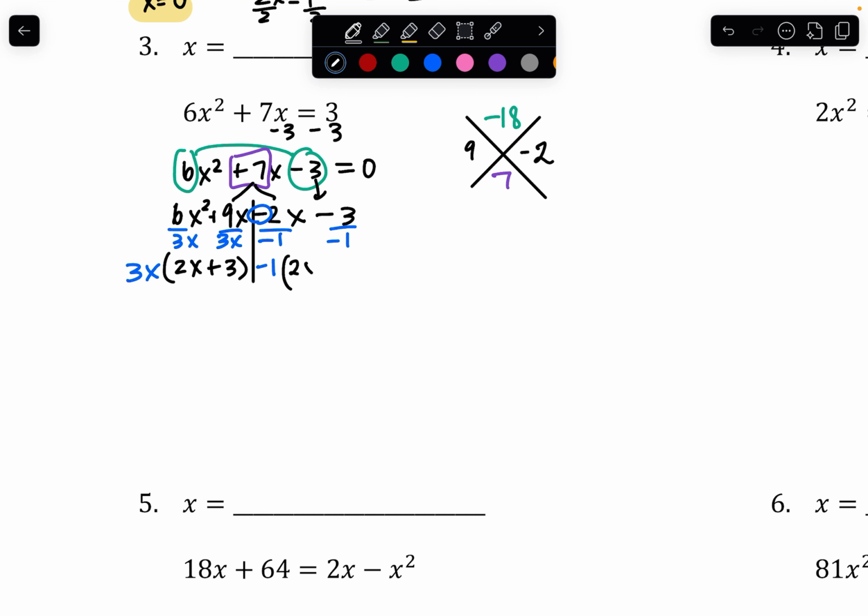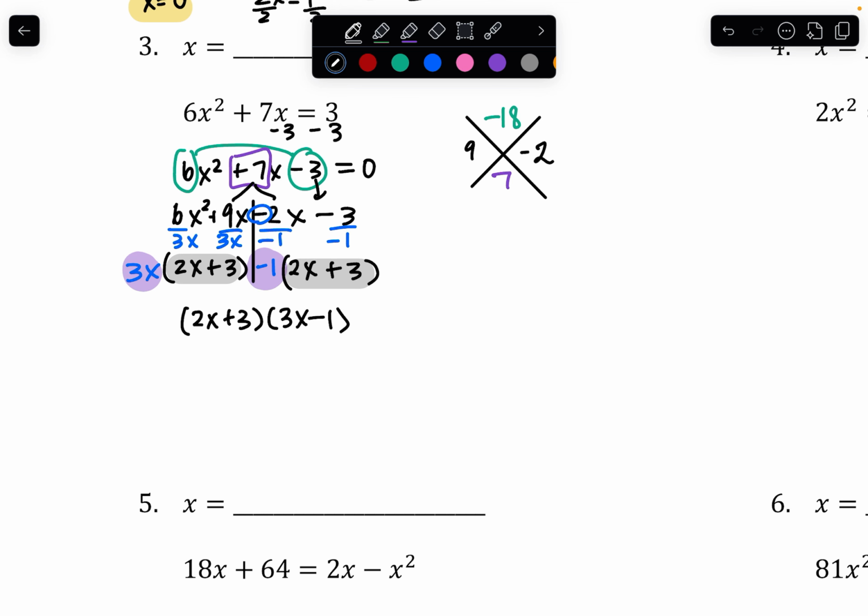So when I divide by -1, I get 2x plus 3. The parentheses match, and so when that's the case, you know you've done everything right. The parentheses is one of your factors, 2x plus 3. The other factor comes from what is in front of the parentheses, the 3x minus 1, same order.